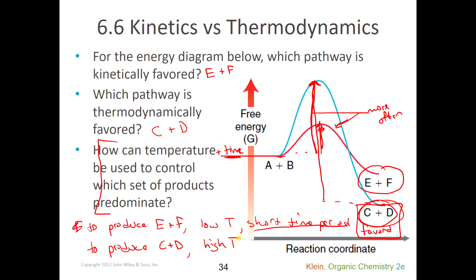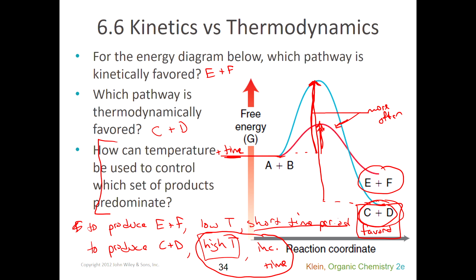If I increase the temperature, then even if E and F form more often, which they will because there's a lower energy transition state, they'll start reacting back, and eventually once in a while I'll get the reaction to produce C and D, and that's not very reversible because the energy required to go back would be so great. So if I increase the temperature or increase the time period, basically those two factors are just allowing me to get to equilibrium sooner.